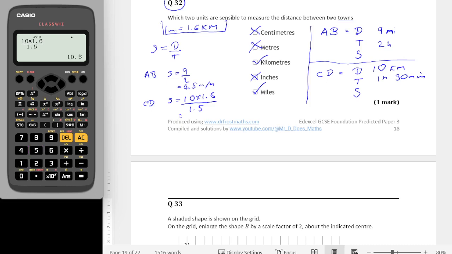So that's going to have a speed of 10.6. Not necessarily the best, not very close. So that's 10.6 recurring. So which one has the greatest speed? So the one that has the greatest speed is C to D.